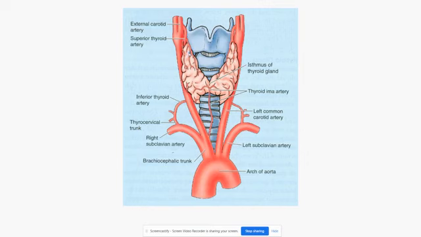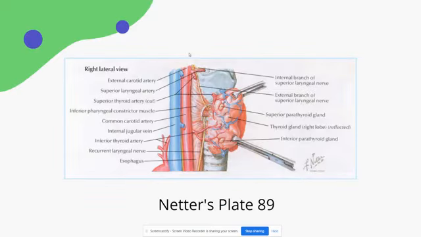And the veins are going to be similar. So it's going to be superior and middle thyroid veins. And the superior and middle thyroid veins are going to drain into the internal jugular veins. And then there's the inferior thyroid vein, which will descend anterior to the trachea and posterior to the manubrium of the sternum, and drain into the corresponding brachiocephalic vein.